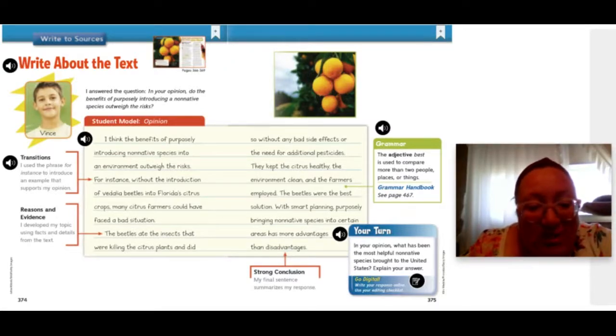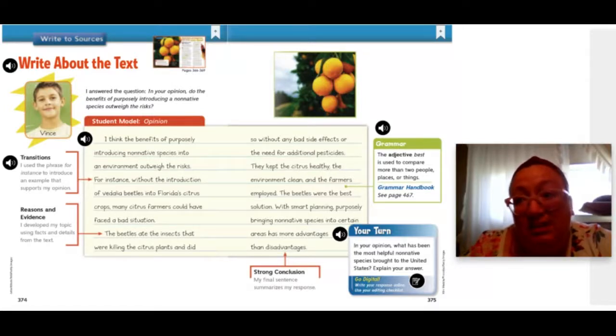For instance, without the introduction of Vidalia beetles in Florida's citrus crops, many citrus farmers could have faced a bad situation. The beetles ate the insects that were killing the citrus plants and did so without any bad side effects or the need for additional pesticides. Now remember, I'm making a connection here.